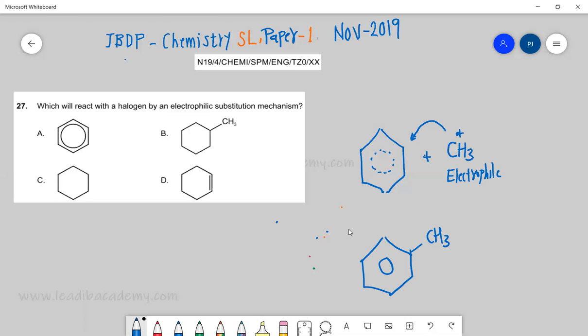It is not nucleophilic substitution because benzene already has a lot of delocalized pi electrons.